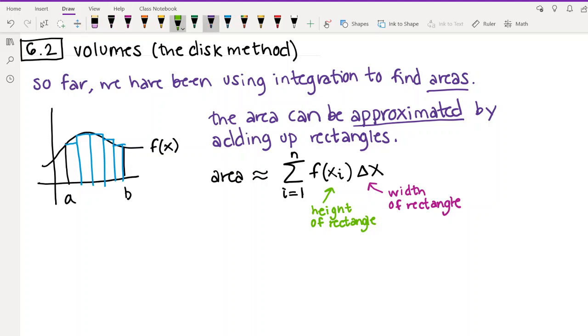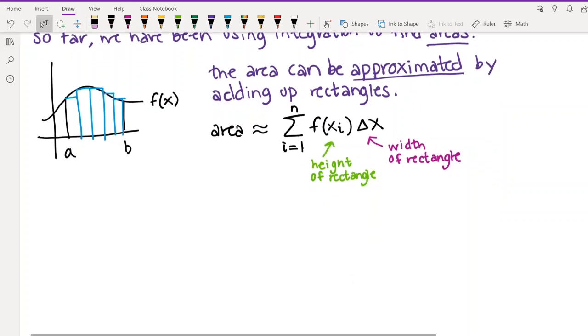And so how do we find the exact area? Well, we took the limit, right? Instead of adding up 5 or 10 or 20 rectangles, we bring that number of rectangles towards infinity.